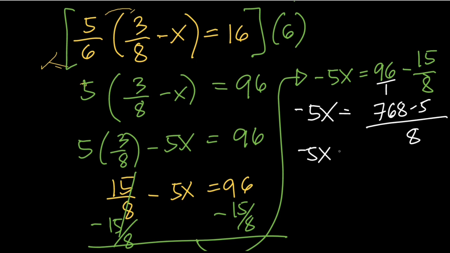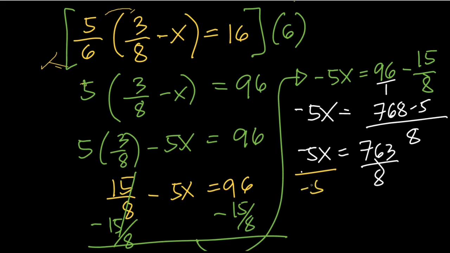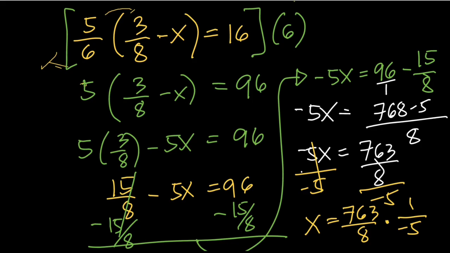So this is 768 minus 5, 763 over 8. Then yeah, we divide by negative 5. Then x is 763 over 8 times 1 over negative 5.